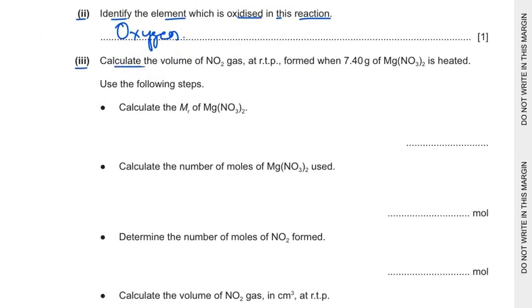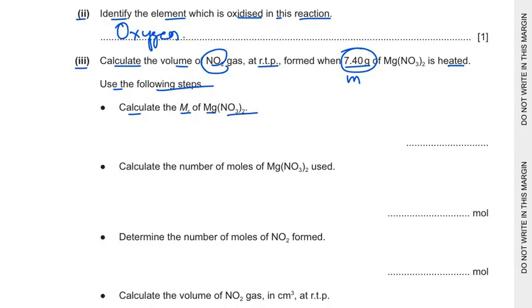The third is calculate the volume of nitrogen dioxide gas at RTP formed when 7.40 gram, understand, this is 7.40 gram, that's the mass of magnesium nitrate, is heated. Use the following steps. Calculate the relative molecular mass of magnesium nitrate.